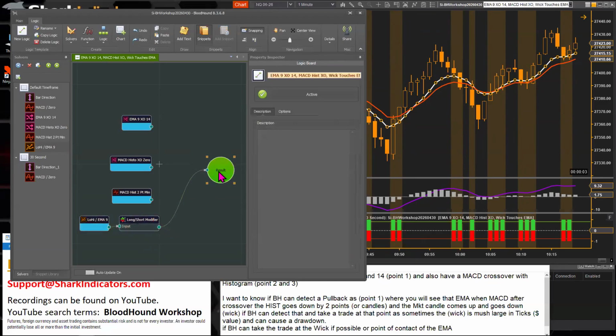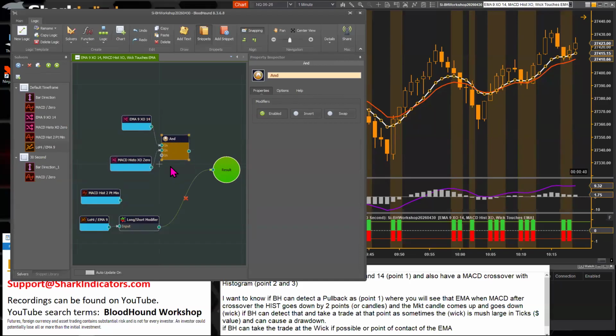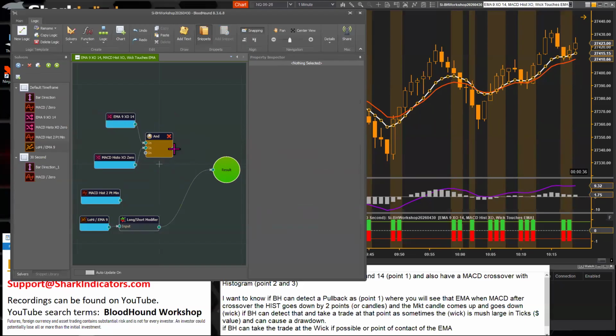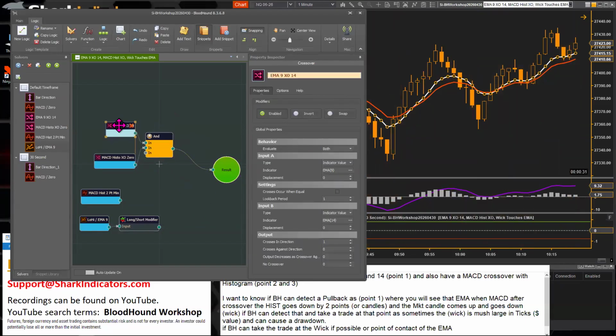All right, now the last step here is to combine everything together. So I'm going to leave this 2-point histogram requirement out for now. So let's connect that up there, and let's just look for the basic condition here.